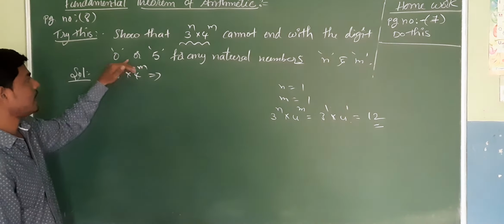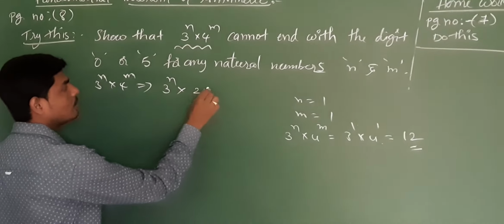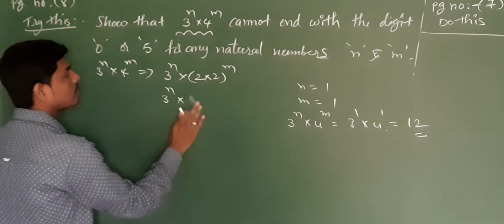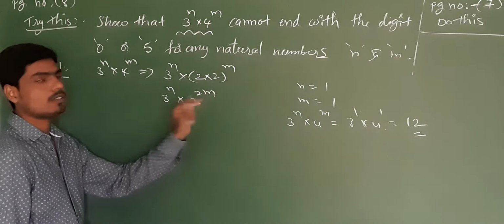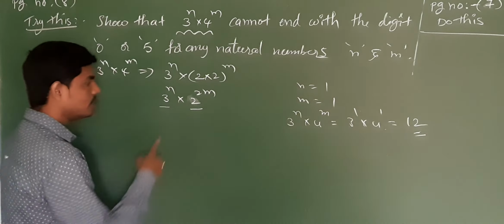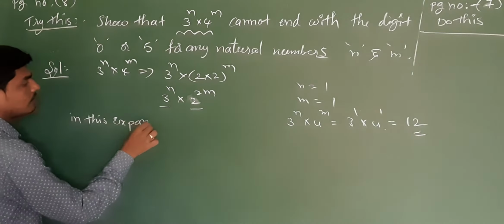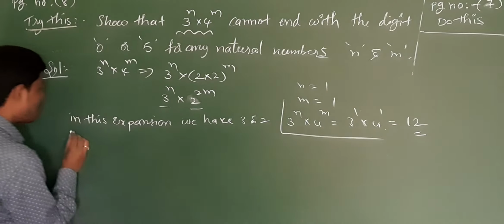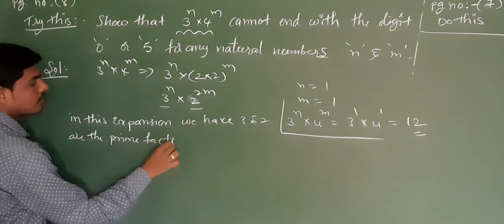So let us take 3 power n into 4 power m. 4 you can write as 2 into 2, whole to the power of m. So 3 power n into 2 power 2m. 2 into 2 means 2 square, so 2 square power m. Now, in this expansion, 3 and 2 are the prime factors.